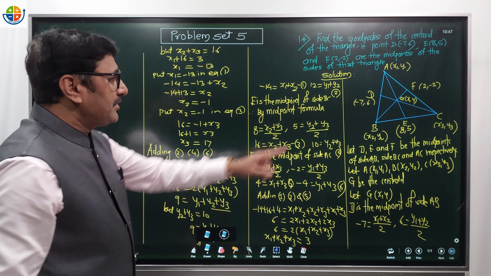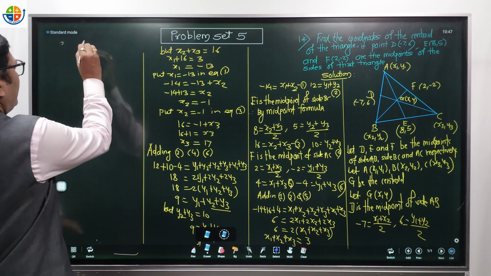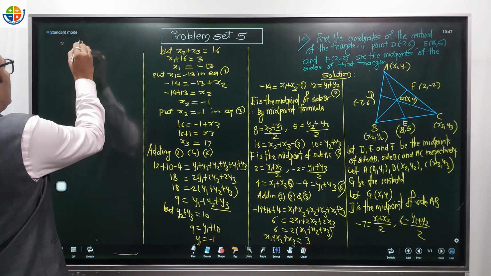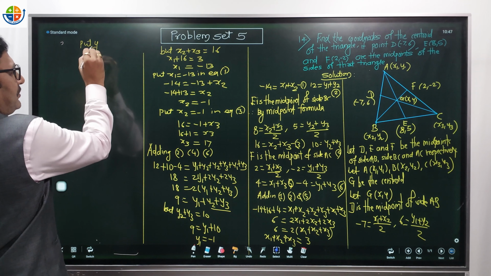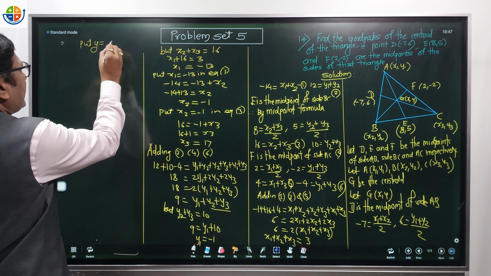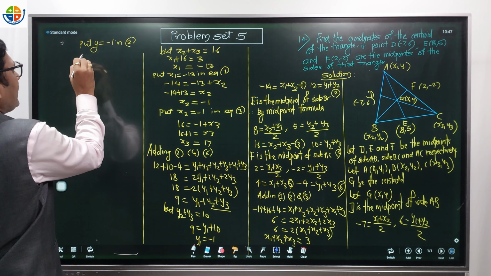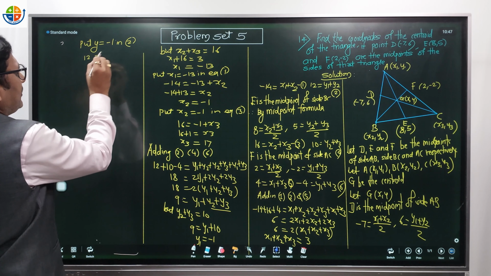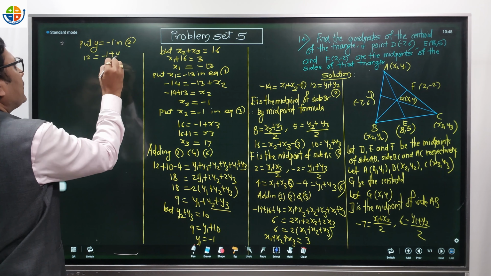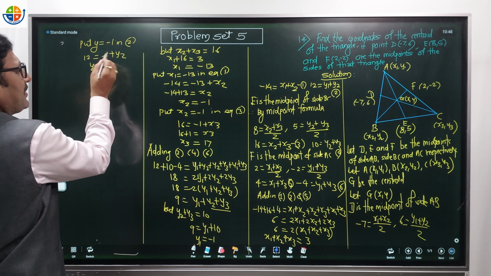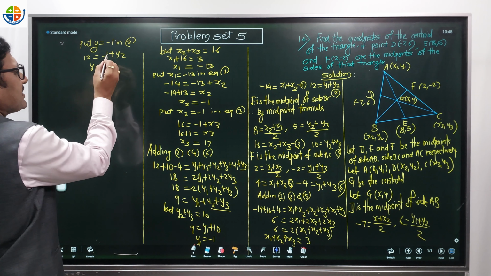Put y1 is equal to -1 in equation number 2. So you will get 12 is equal to -1 plus y2. So y2 is equal to 12 plus 1 होगा ना, उस साइड जाएगा तो it will become 13.